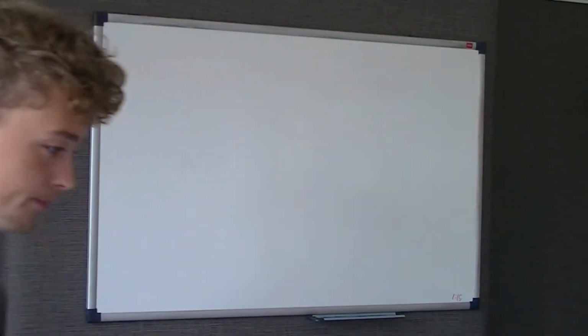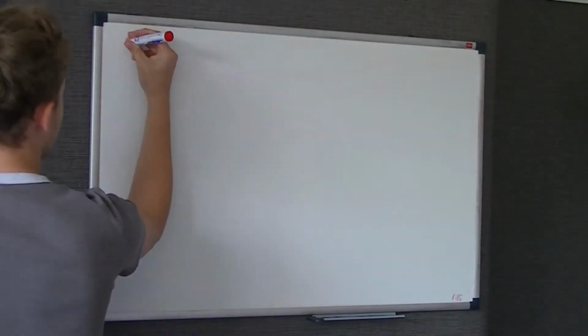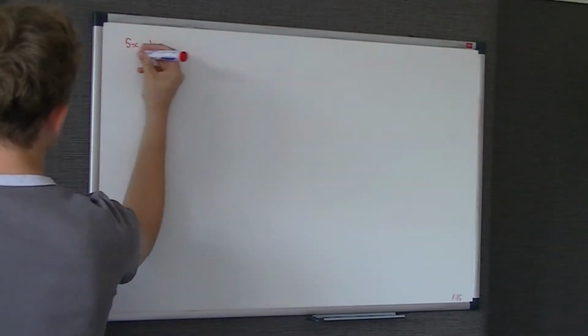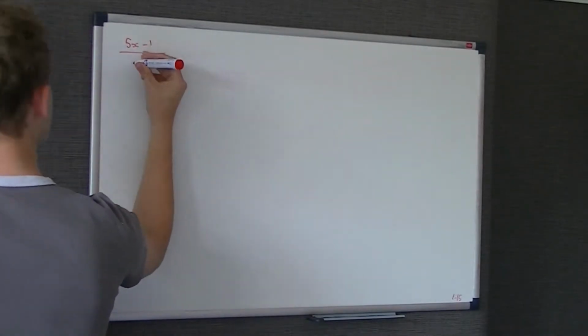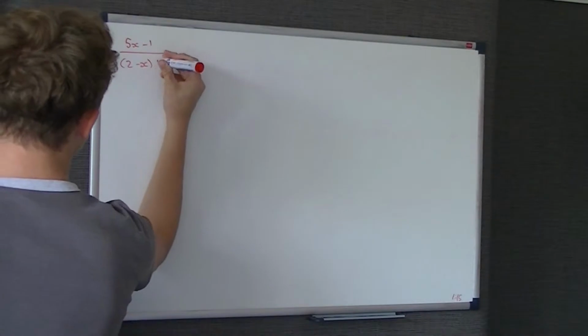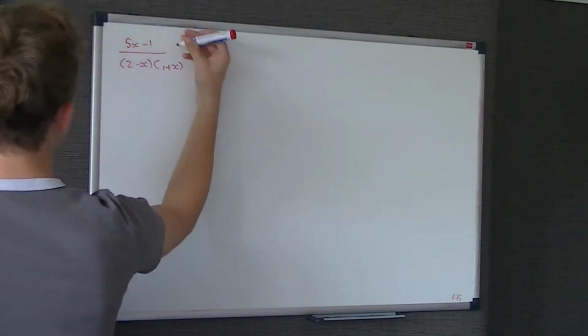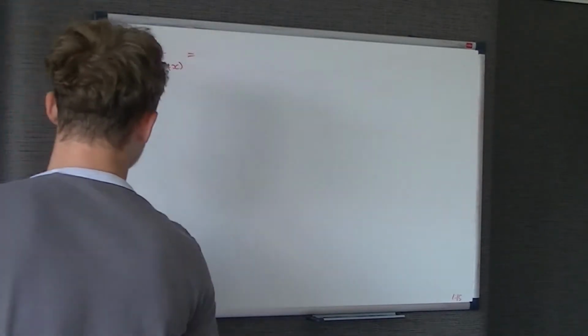Okay, so let's go through an example here, similar to what we just did in terms of two linear factors. It's 5x - 1 over (2 - x), close brackets, open another set, (1 + x), close brackets.